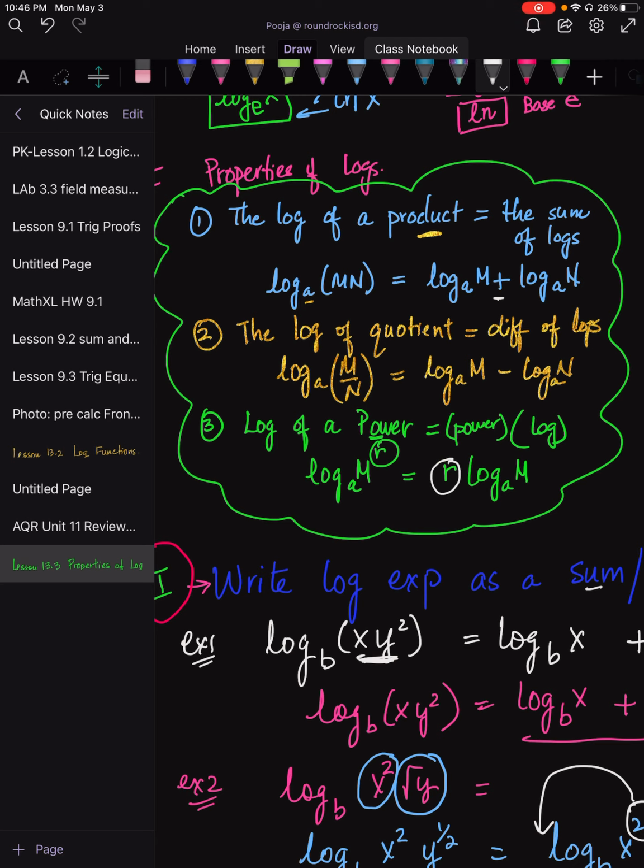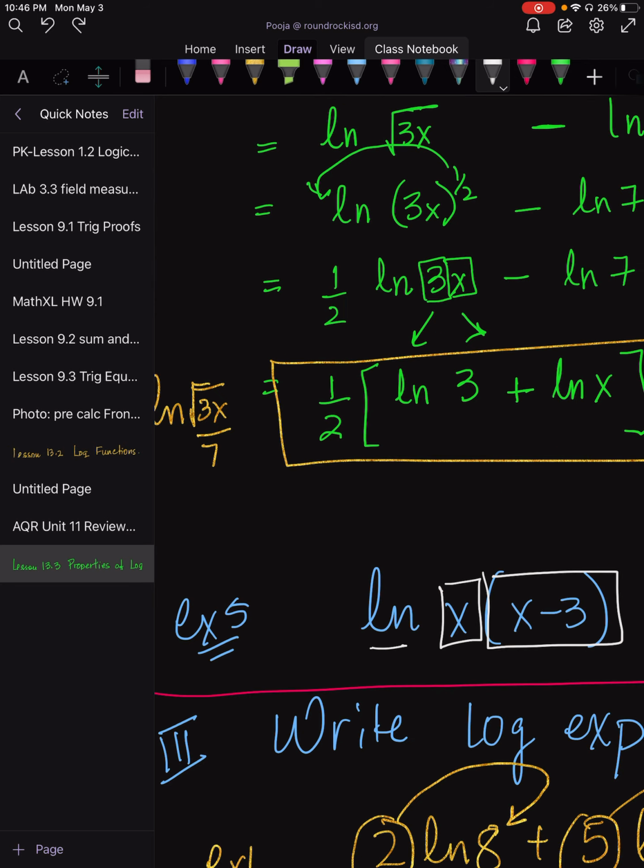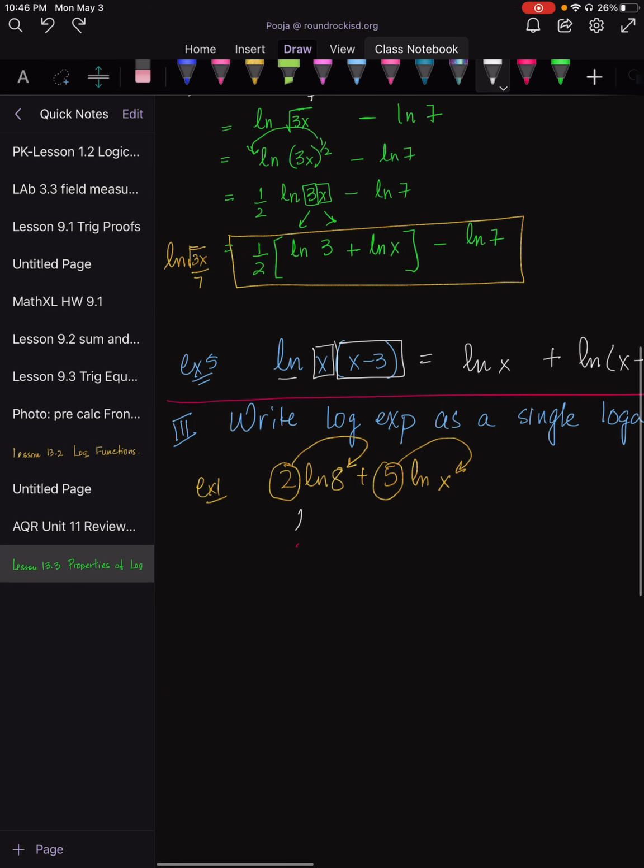Those were my 2 and 5, which means they can be brought back as powers. So this is natural log 8 squared plus natural log x to the 5th power. Now that I just have the logs and nothing in front of them, I can look at it as being added, and because this is addition, it can be converted back to the product: 8 squared times x to the 5th.